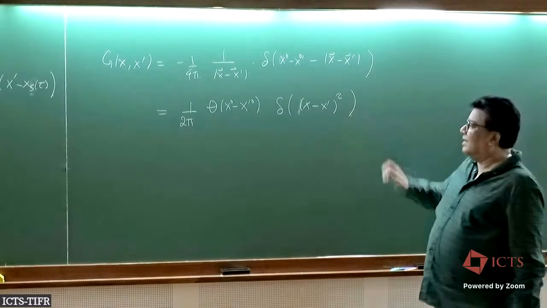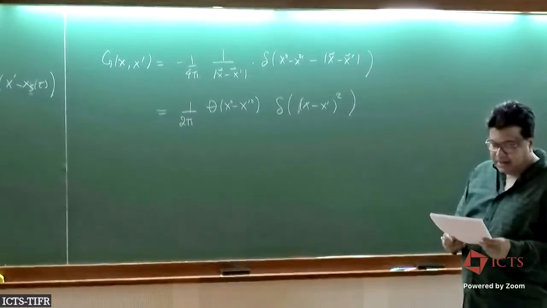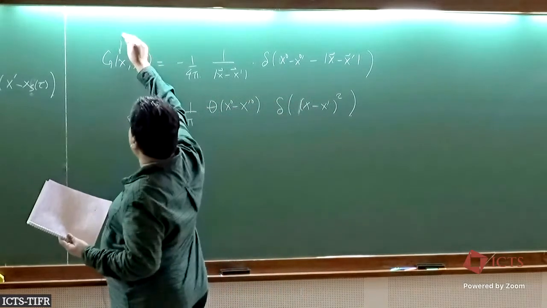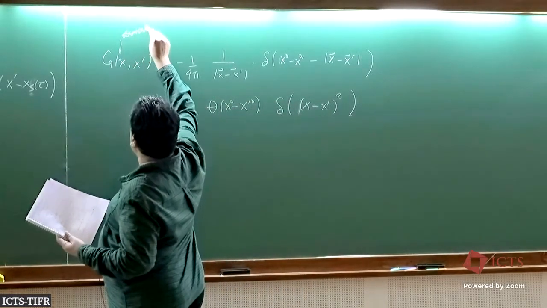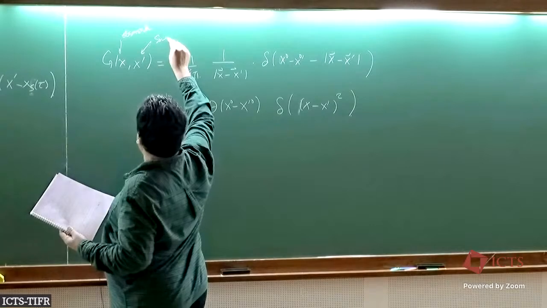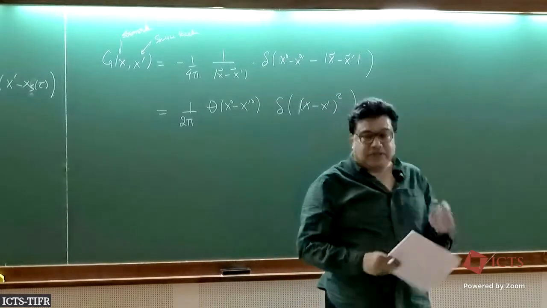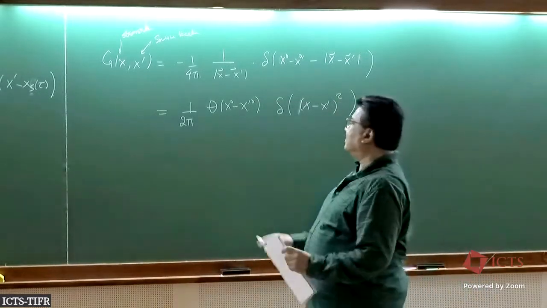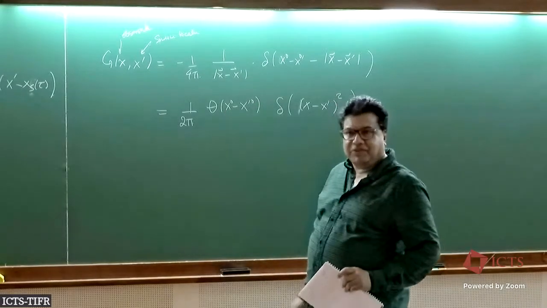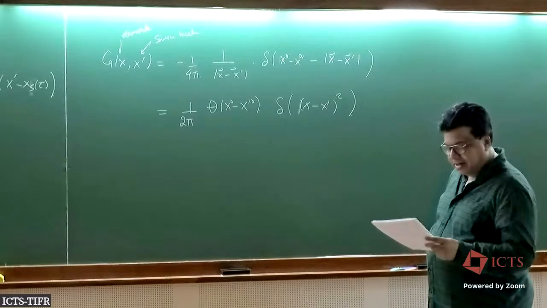So we will take the second version because that is easier to handle. And so this is the observation, X is the observation, and this is the source location. Okay. And so this theta function tells you that this is a retarded Green function. That means observation time is larger than the source emission time, the time when the source emitted the graviton. Okay, so that gives you the retarded Green's function.